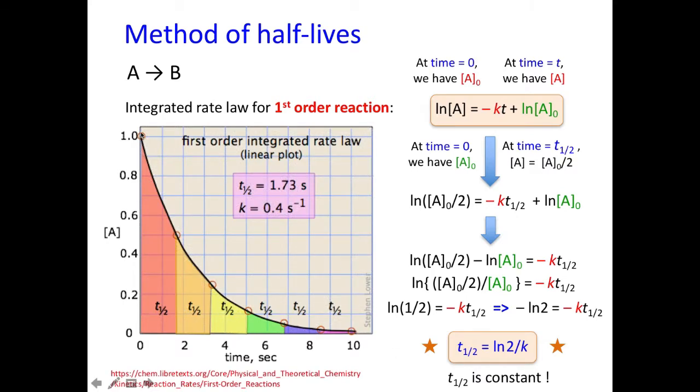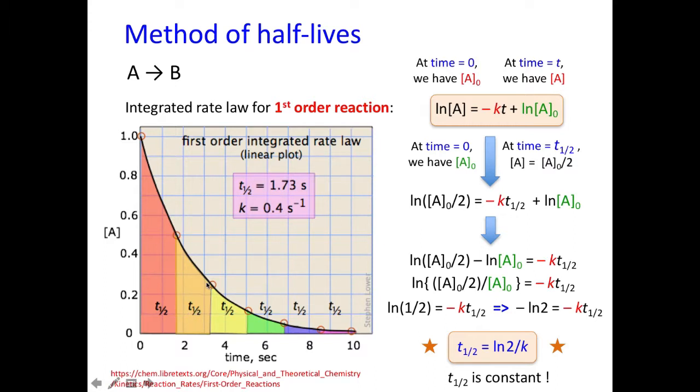And in fact, if we look at the dependence of the concentration with time for a first order reaction, we can see that the time necessary for the concentration to go from 1 molar to 0.5 molar, which means to half of its initial value, is t half, shown in this red region. Now the time necessary for the concentration to go from 0.5 molar to 0.25 is precisely the same t half as before, shown in this orange region.